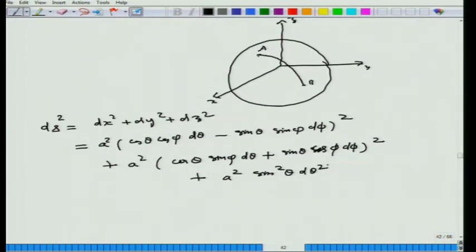Squaring and summing it up gives us the following, that is a square d theta square plus a square sin square theta d phi square.